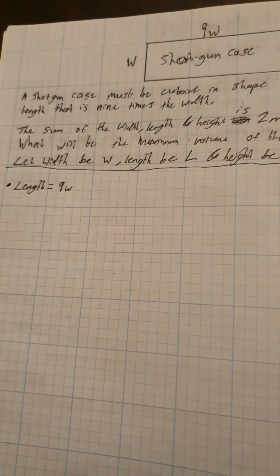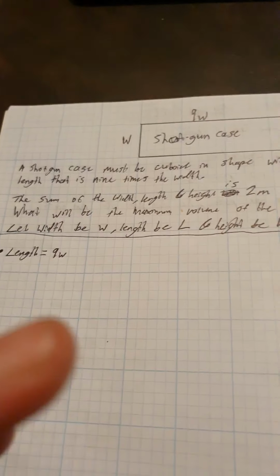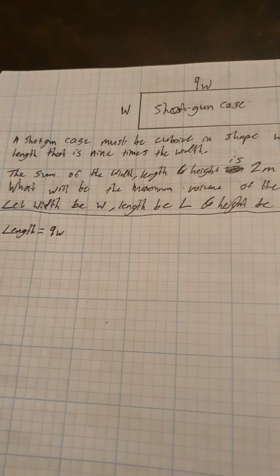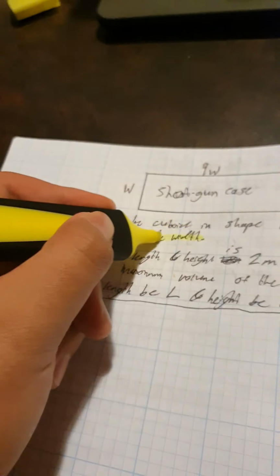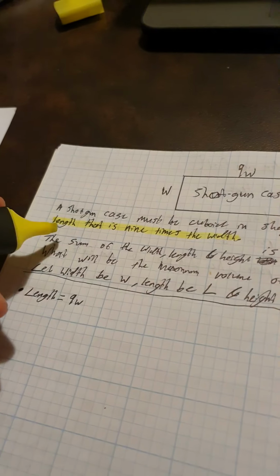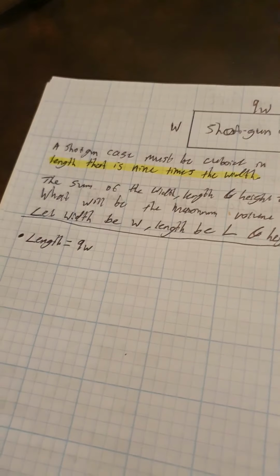Let's move on. So here's another part of the question that we've got. I might get a highlighter. We'll highlight what we've covered so far. Another part we've got is the sum of the width, length and height is going to be 2 meters.